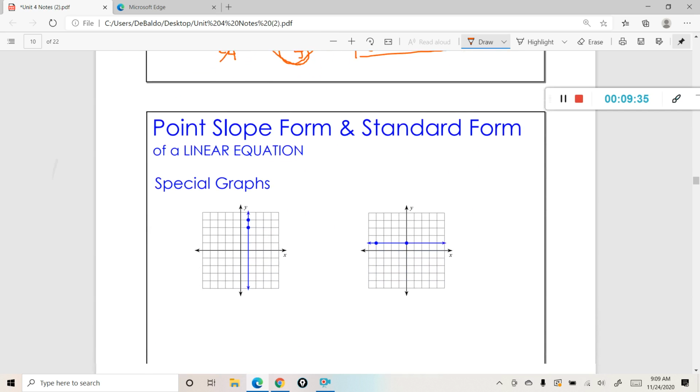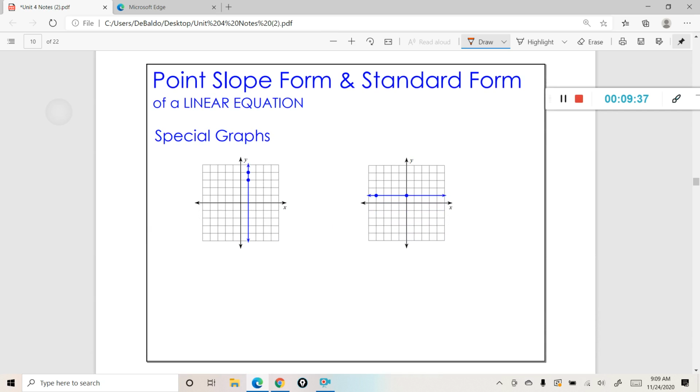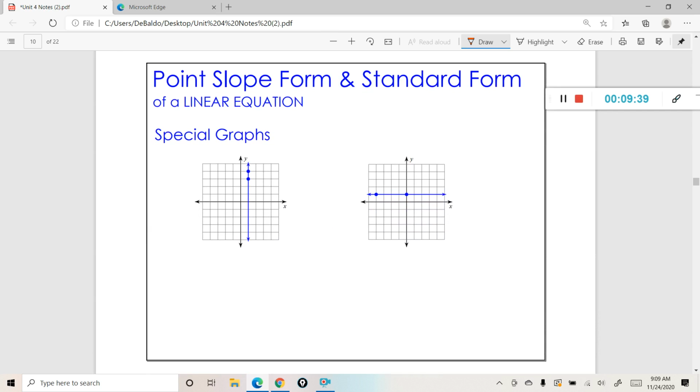Okay, the last thing I want to mention about not only standard form, but also point slope form are these special graphs. Remember we talked about these when we talked about slope-intercept form? If you remember correctly, the equation of this first graph is going to be x is equal to 1. And the second graph is going to be y is equal to 1.